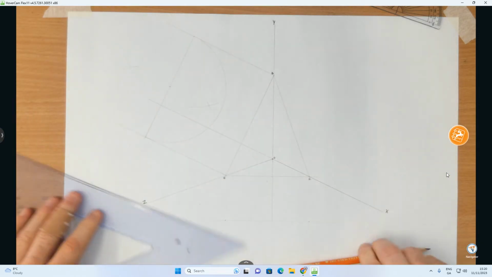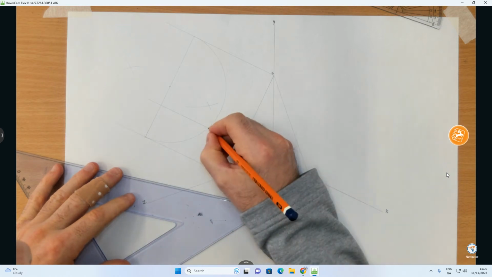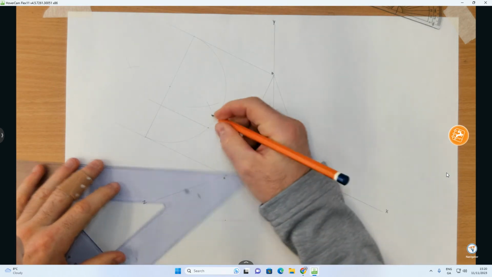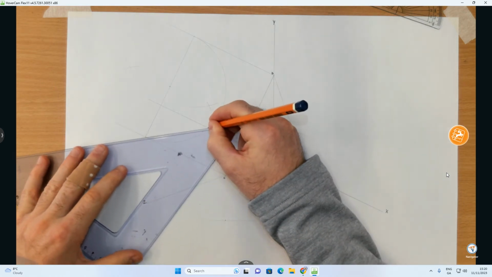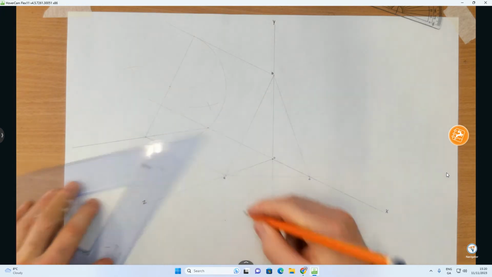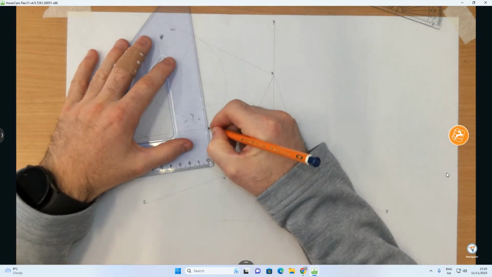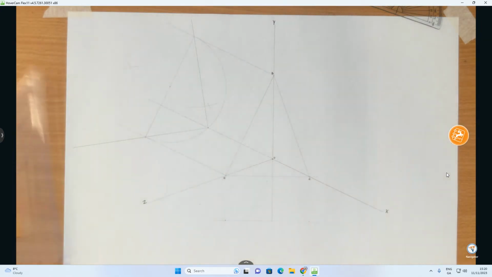Perfect. And what helps me is that by extending out the x-axis, where that cuts the circumference of the semicircle, that's going to provide me with my 90-degree axis to draw in my elevation view. Because we know that any triangle inside of a semicircle will be a right angle. So that angle in there now is at 90 degrees.